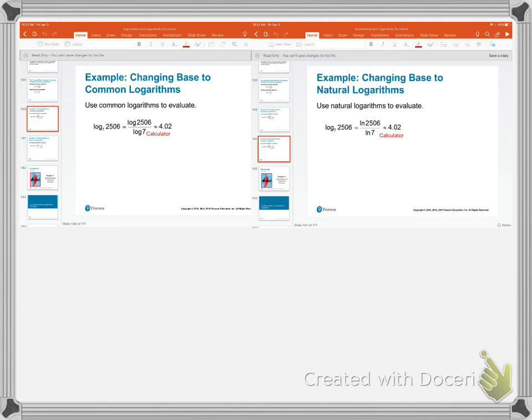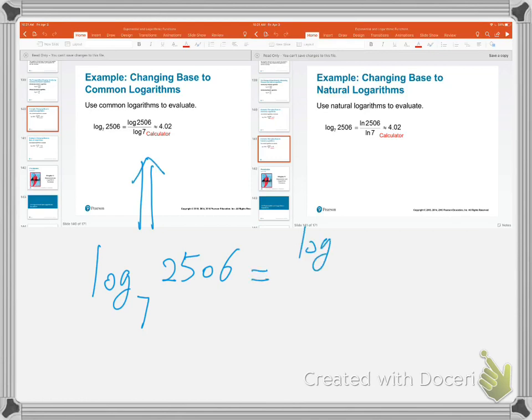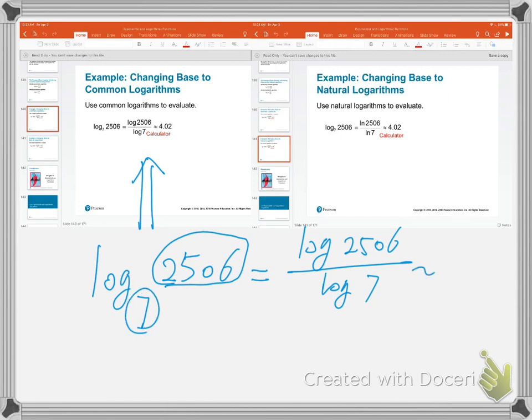So now let's look at these two examples together. We are looking at the same log form, log with base 7 of 2506. In the first solution, they change it to common log. So you get log 2506 over log 7. This is the numerator, this is the denominator. By using a calculator, we got 4.02.